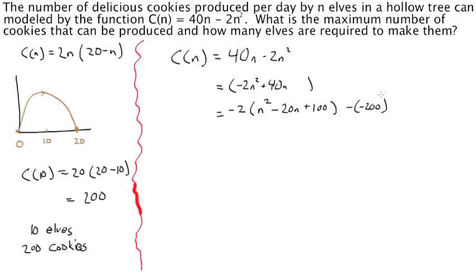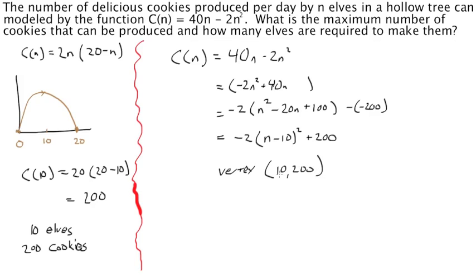But we know that's just adding 200. I'm just being difficult. So this is negative 2 times, all right, this is now a perfect square. That's the whole point of going through this process. So we write it as n minus half of this number, 10 squared, minus negative 200 is plus 200. So our vertex for this graph is going to occur at 10, 200.